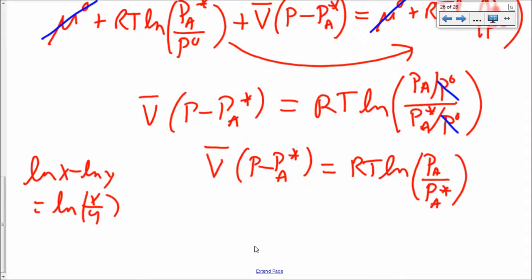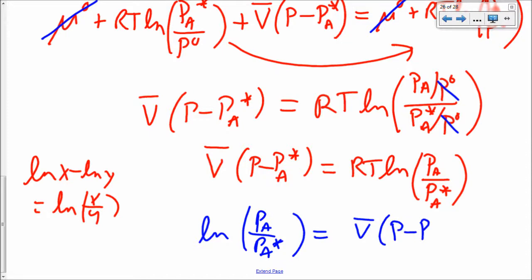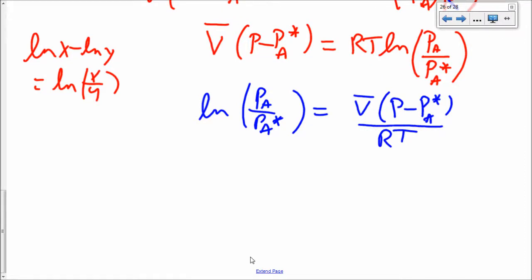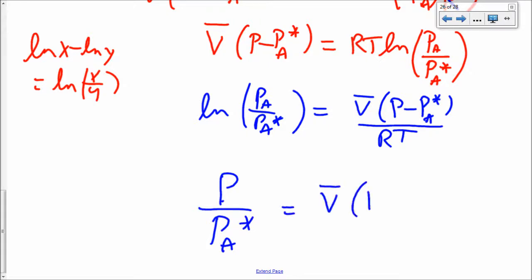And so I can divide both sides by RT and take the inverse log. ln of PA over PA star, dividing both sides by RT, is V bar (P minus PA star) over RT. And I can say that PA over PA star is equal to EXP of V bar (P minus PA star) over RT, the inverse log.